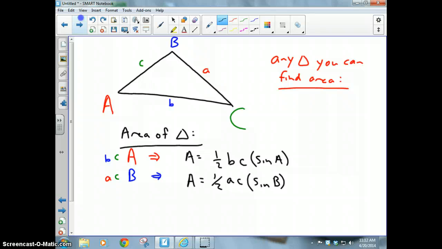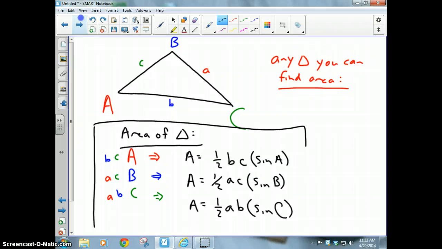And finally, what if you are told side A, side B, and angle C? If you know that information, then the area formula becomes 1/2 times A, B, times sine of capital C. Those are the formulas to find the area of a triangle depending on which side angle side you are given.